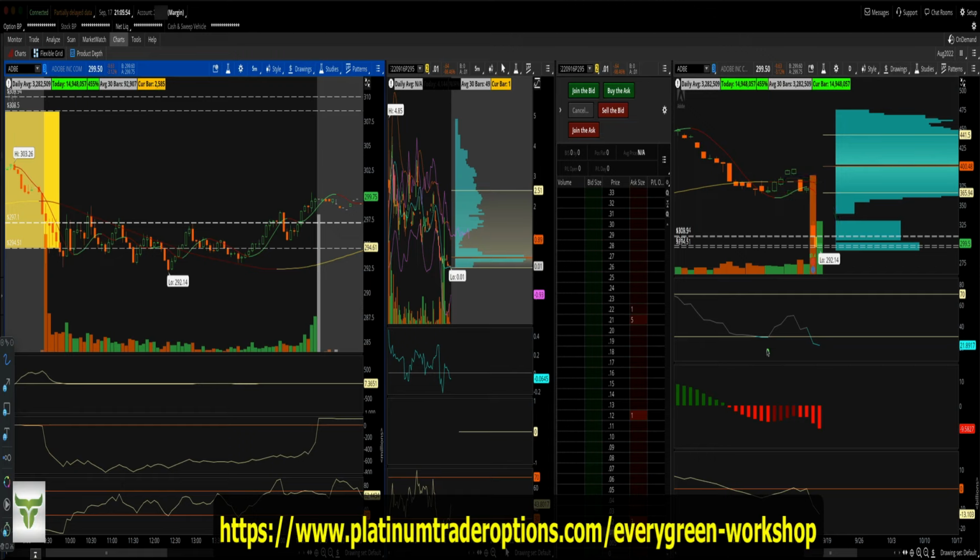Now, if you're wondering, well, what is your indicator suite? What is this telling you? Well, this is the RSI right here. This is the MACD with histogram, and this is money flow, right? So I'm looking at how much money flow came out of Adobe, $13 billion in 1 day, right?